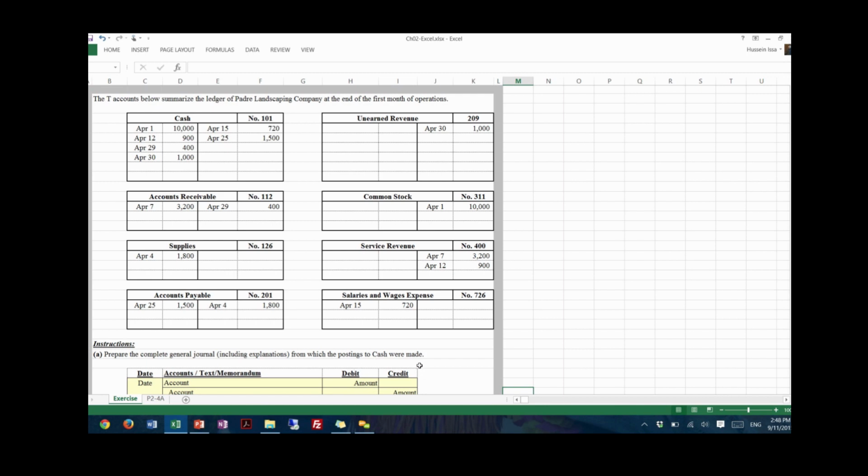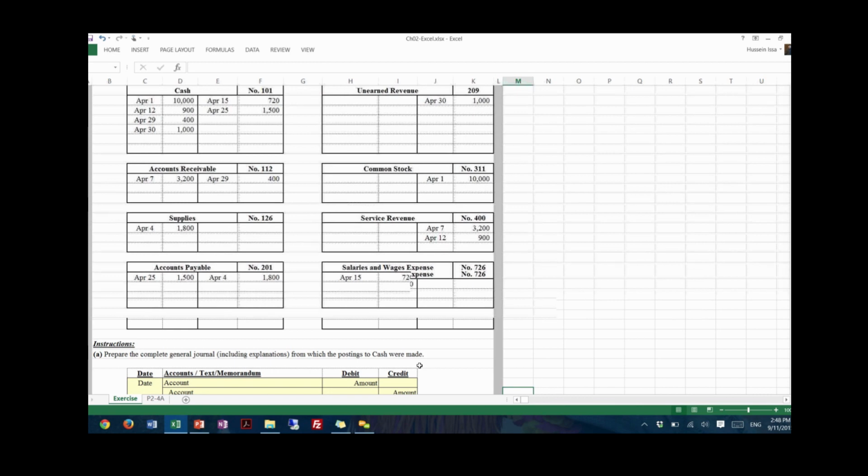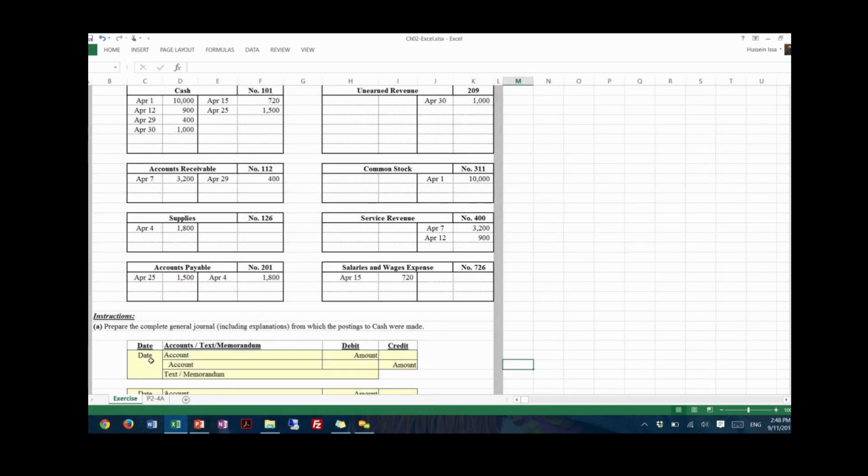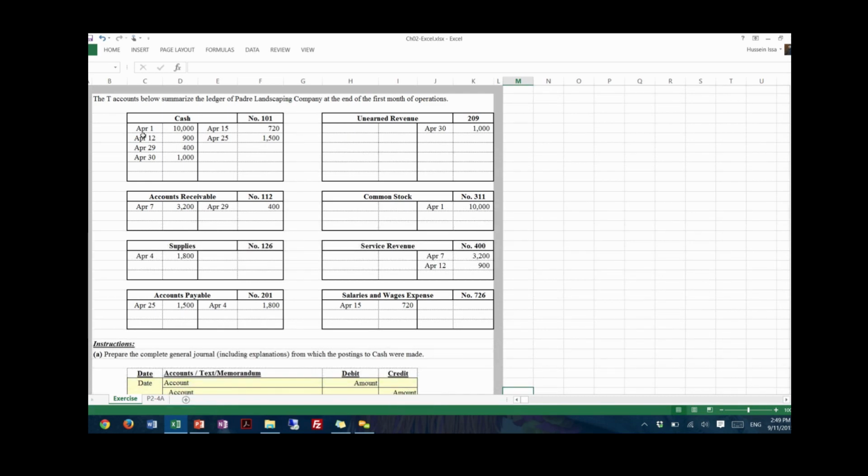So we only want to look at cash. When you have to do that, the first thing you need to do is to start with the account in chronological order. So April 1st, it was 10,000. Okay? You look at the other accounts and see if there was any posting on that day. What do you see?